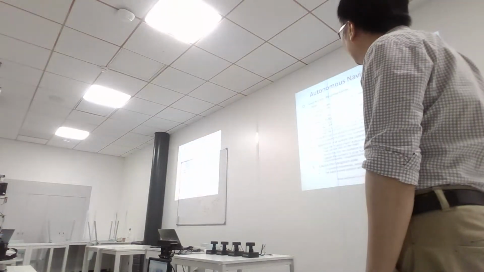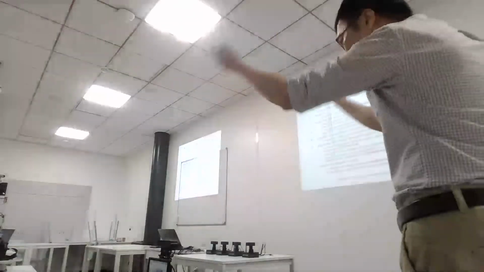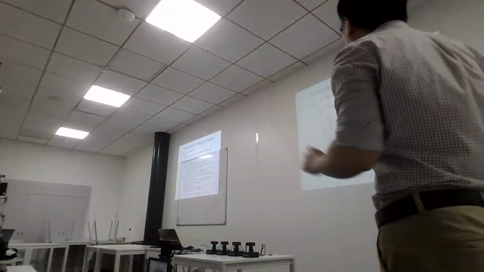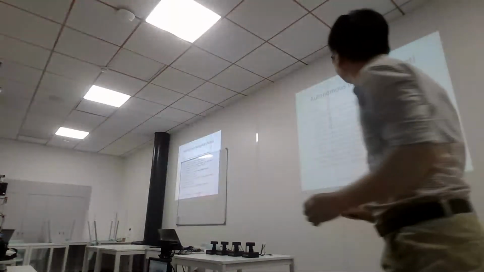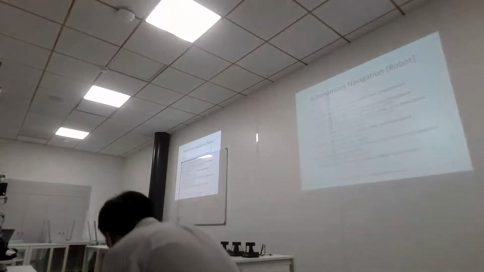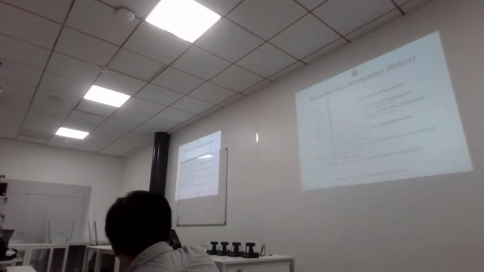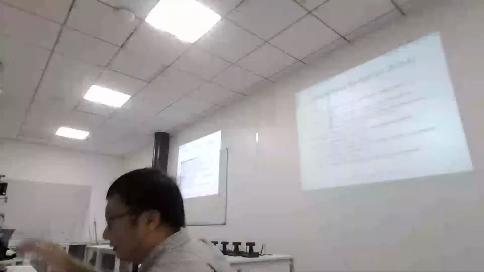Okay, so I'll show you how to do the first way first. Can I have a look at the map? Which map is better for your robot? Let me see. Oh no, not this one. This one.